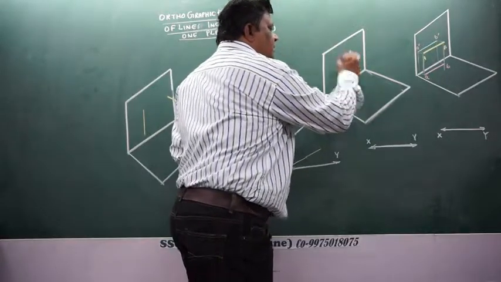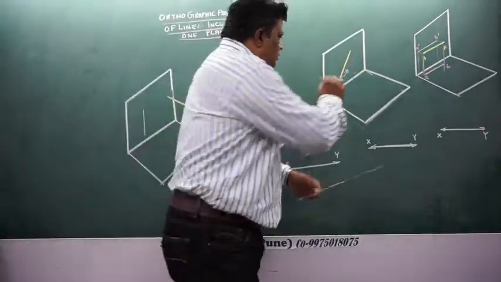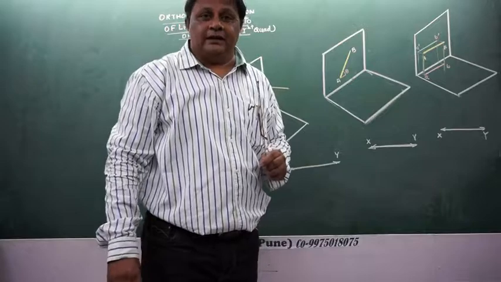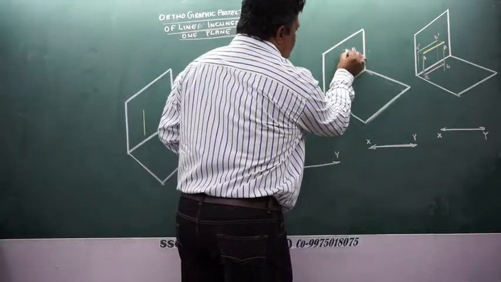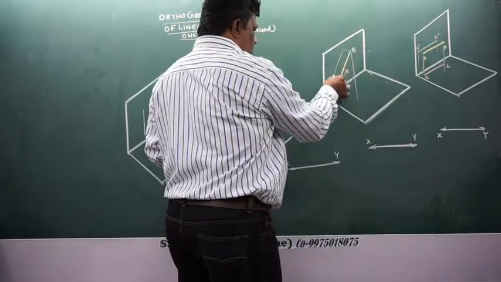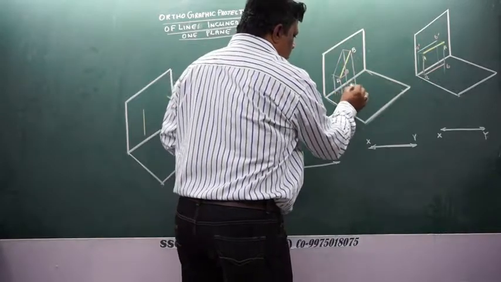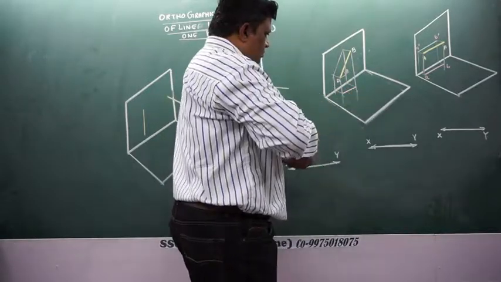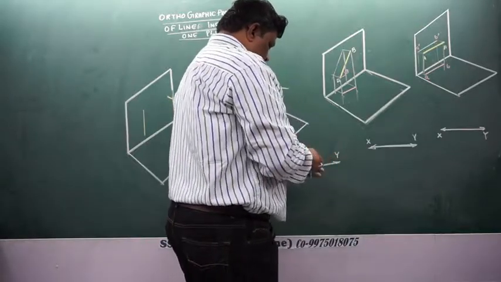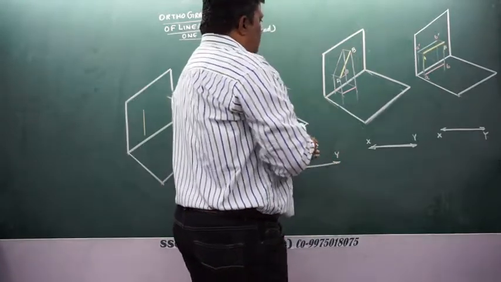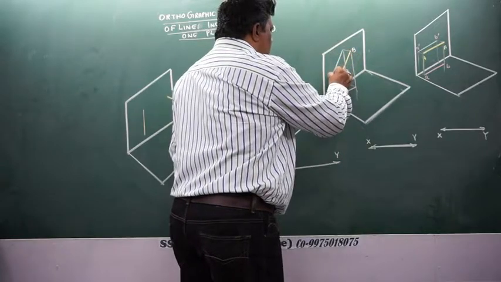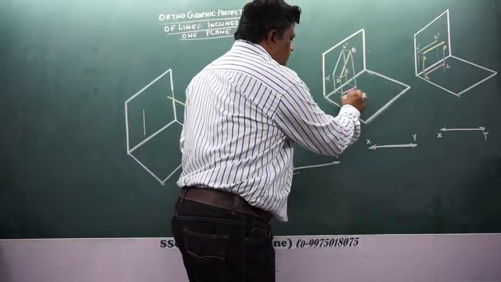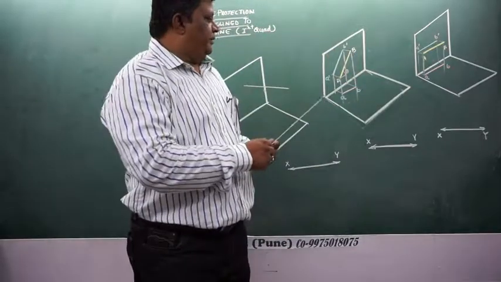So this is my end A and this is my end B. Now let's see how the projections of this line come. Look here. What is happening?